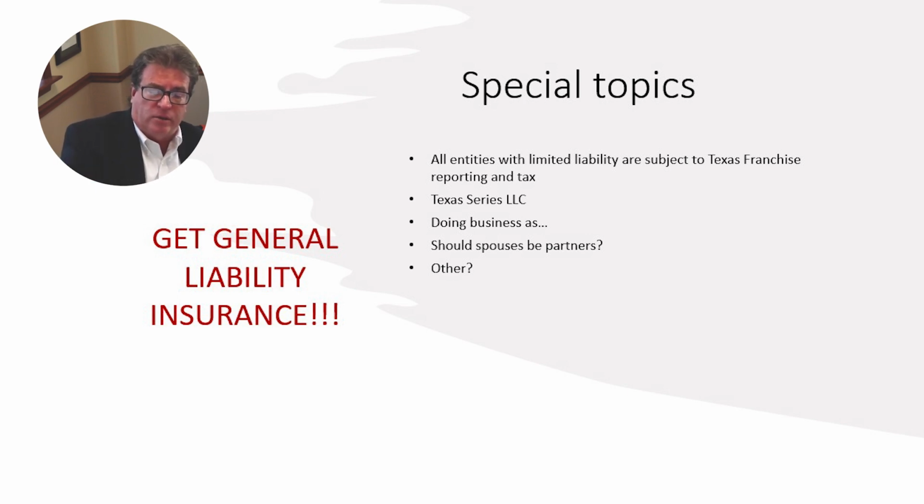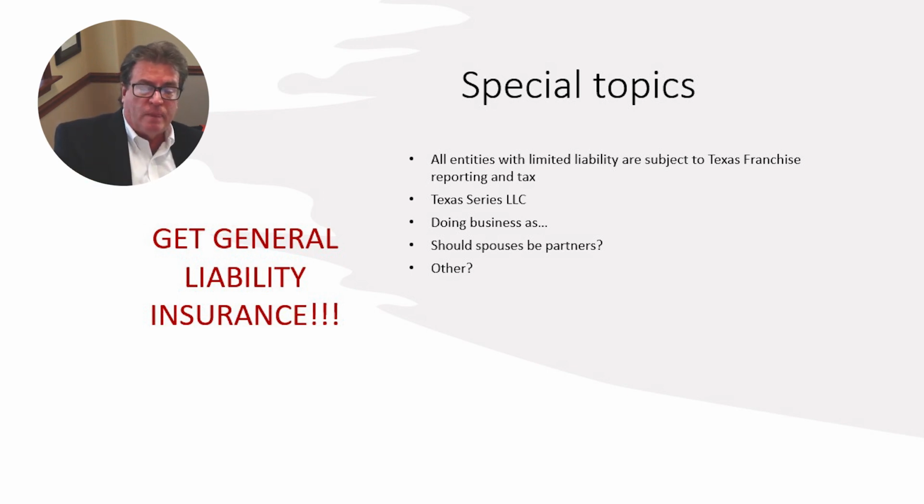Another thing I wanted to talk about just real quickly is, should spouses be partners or members? There are different situations in complex areas where, yes, it's best to do that, especially if there are estate planning considerations.